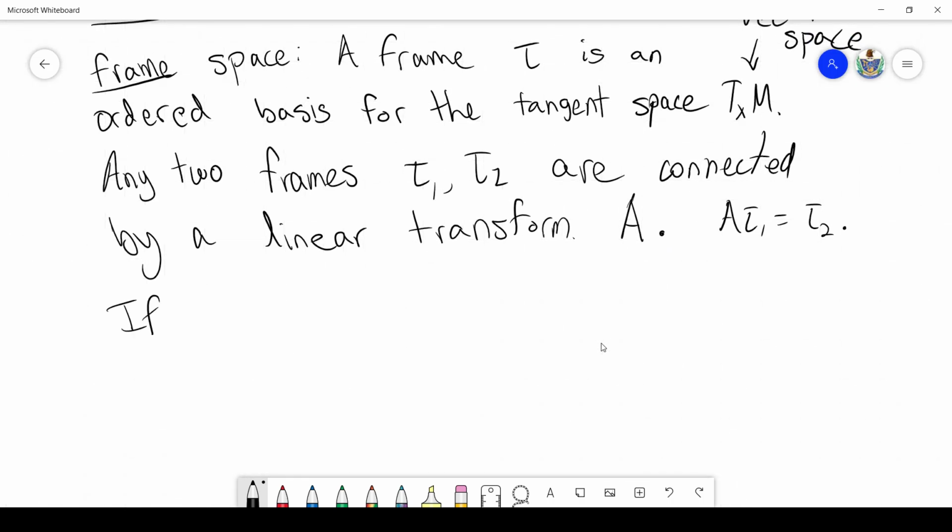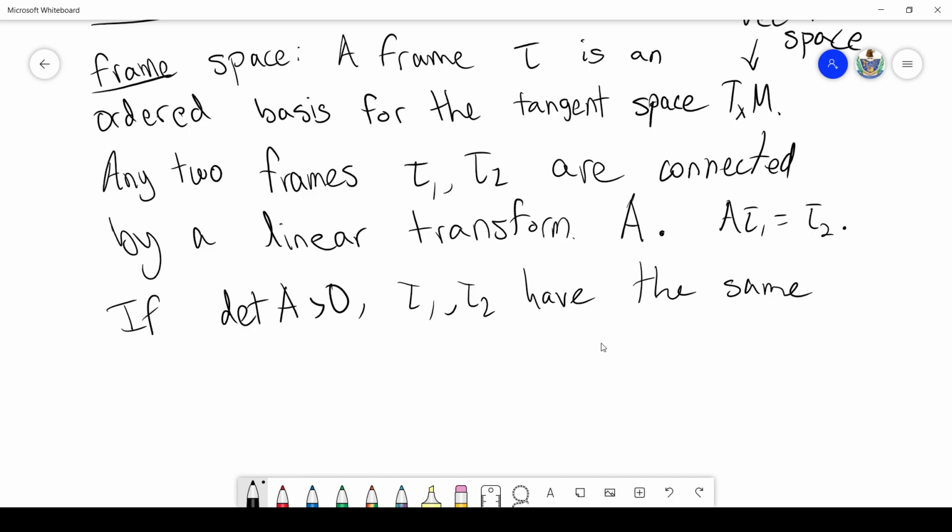If the determinant of A is greater than 0, then tau 1 and tau 2 have the same orientation class.